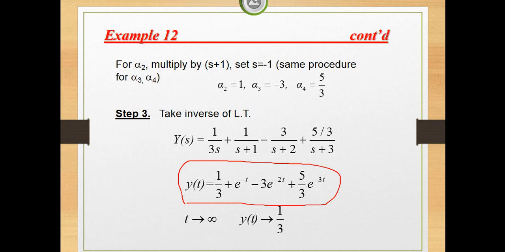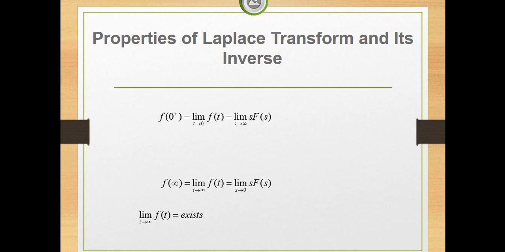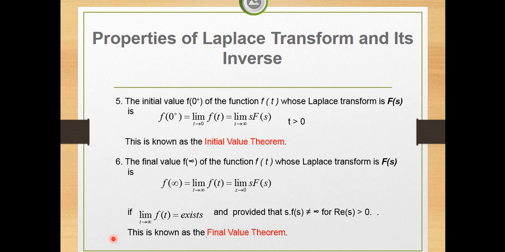The answer is, of course, yes. And that brings about the last two properties that I will be discussing here for Laplace transformation, and that's the initial value theorem and the final value theorem.